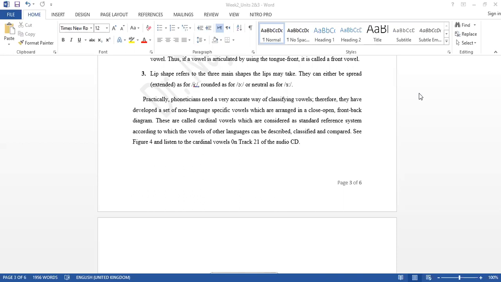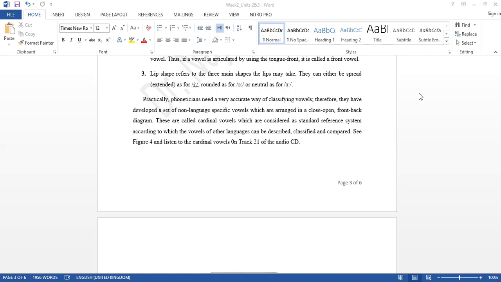So therefore, they devised a set of standard vowels called cardinal vowels. Only very well experienced phoneticians can pronounce them. They do not belong to any particular language. They are universal vowels, okay?